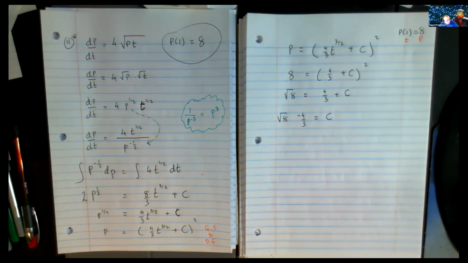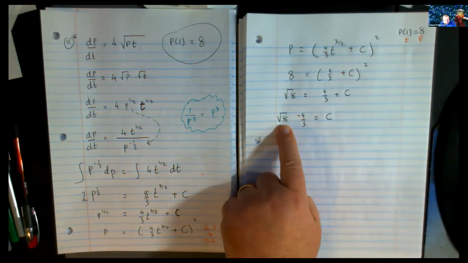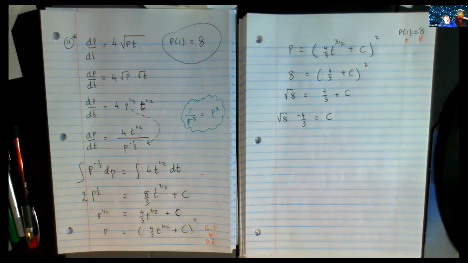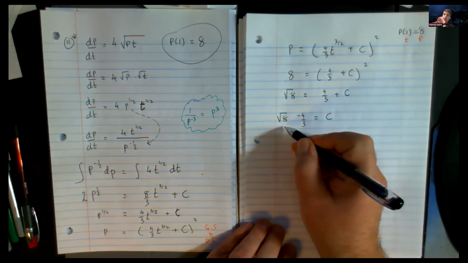But not only do we want an exact value, there's a kind of little underlying rule below that. Don't we want it to be as pretty as possible? Is there something that you could do with the square root of 8 that might look a little bit nicer, a little bit simpler? Pull out the square root of 4.